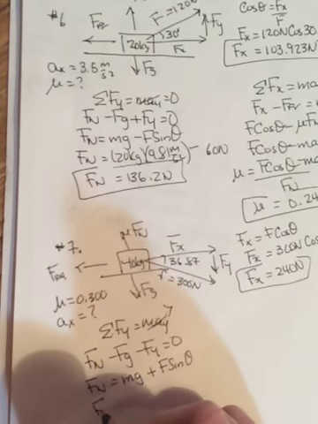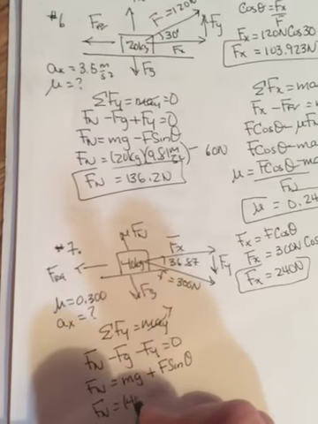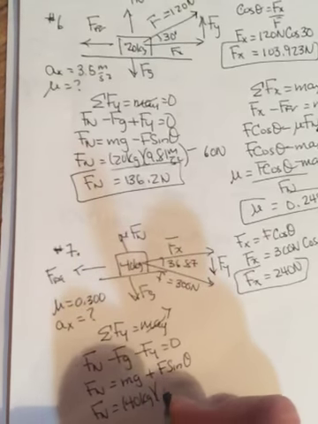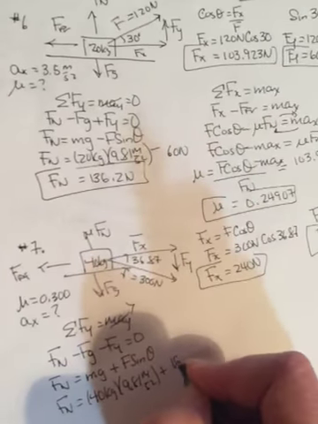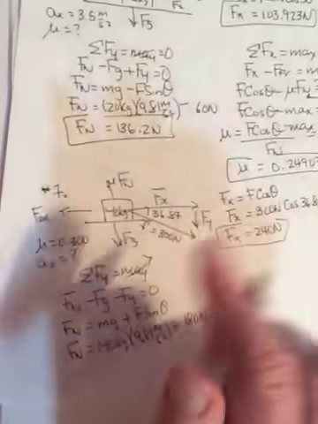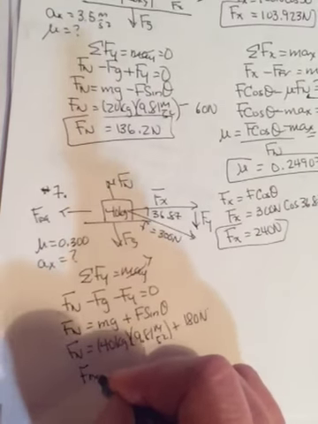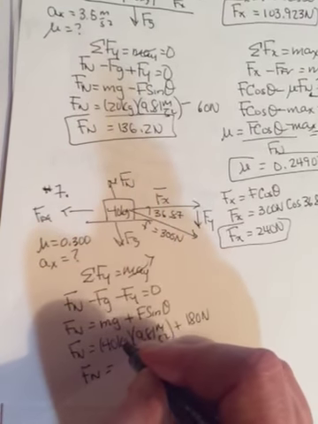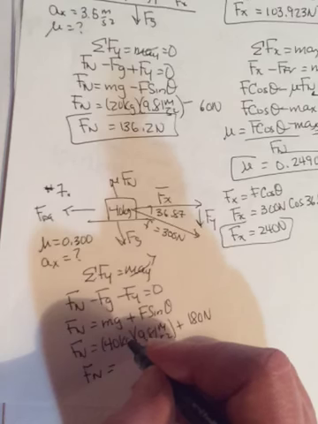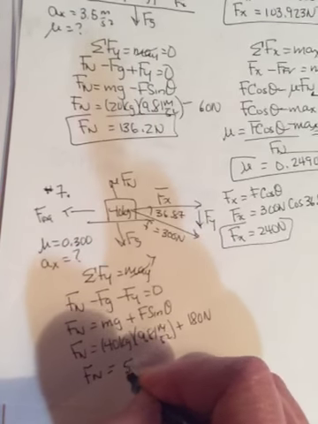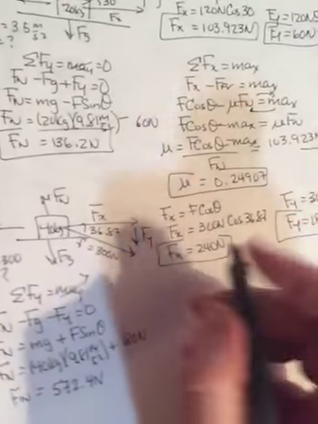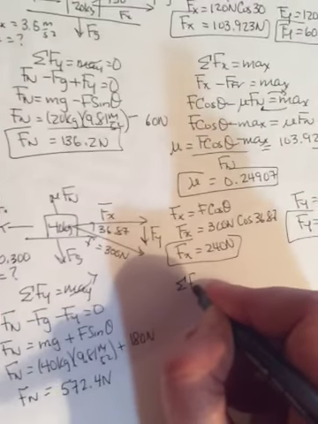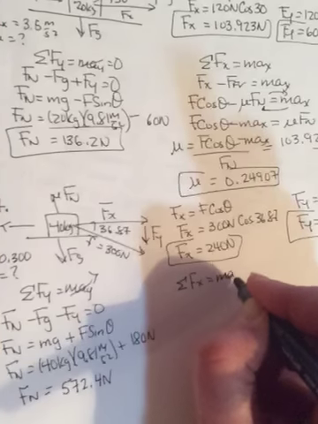Mg is 40 kilograms, times 9.81 meters per second squared, plus our 180 newtons that we found. And so you get an Fn of 572.4 newtons.